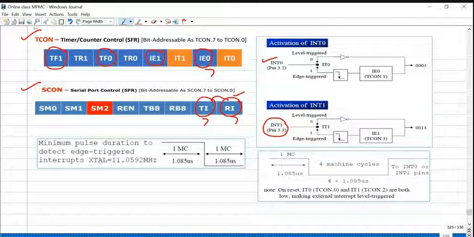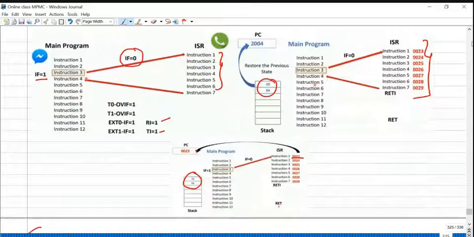For each and every interrupt, there is a flag bit. In general, whenever the interrupt occurs, the corresponding flag bit will be set. Once the processor starts servicing the requested interrupt, the flag bit will automatically be cleared to 0.